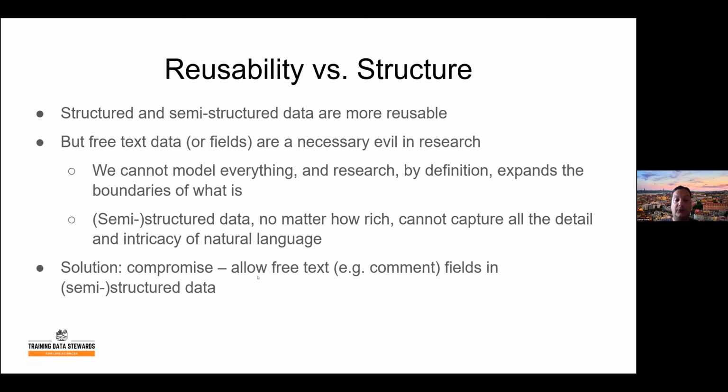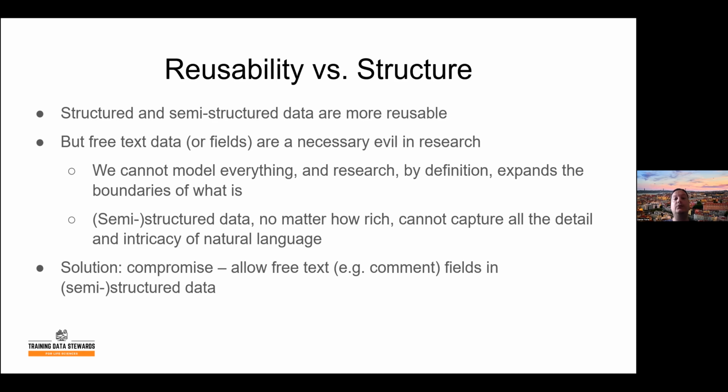You have to allow for some free text fields, even if you have structured or semi-structured data. That's why Dataverse has a description field or a comment field that allows users to input anything. And the other repository we saw, OpenNeuro, that Bruno showed, has that README field that allows you again to enter anything.